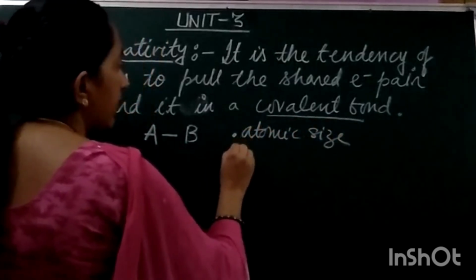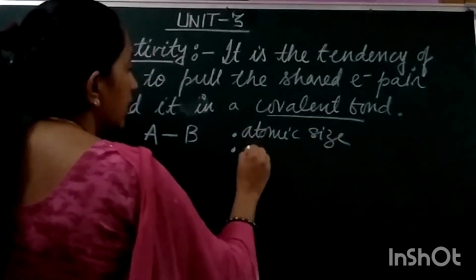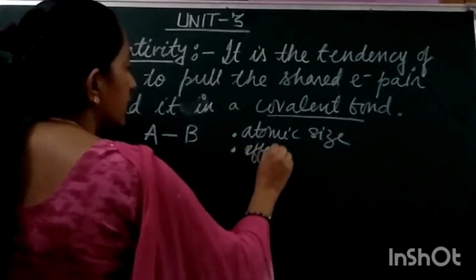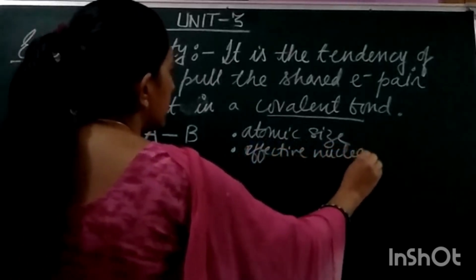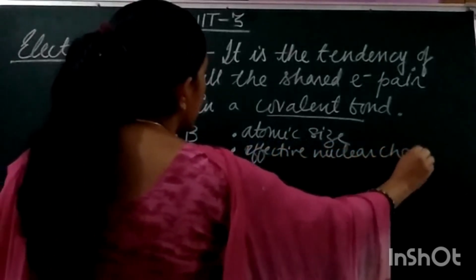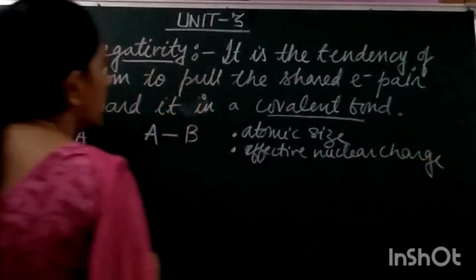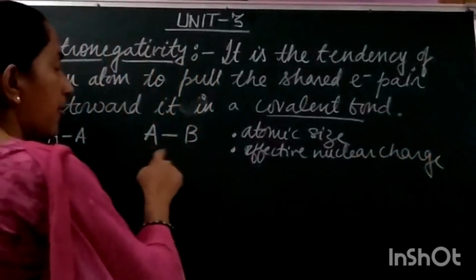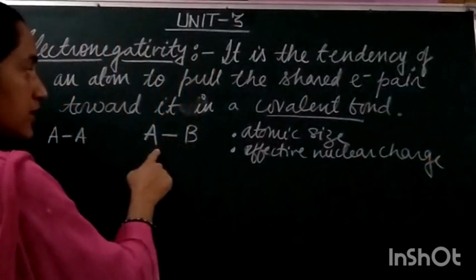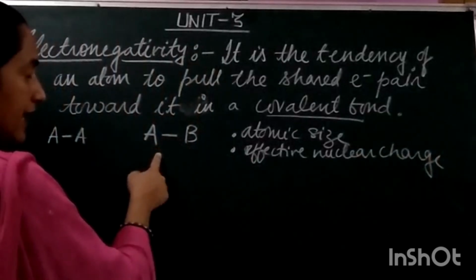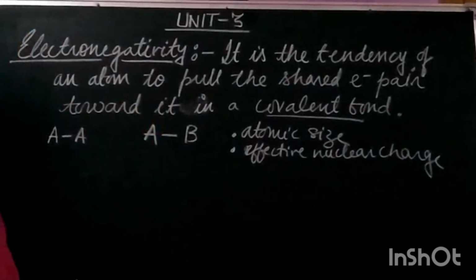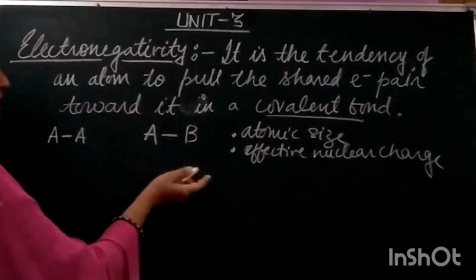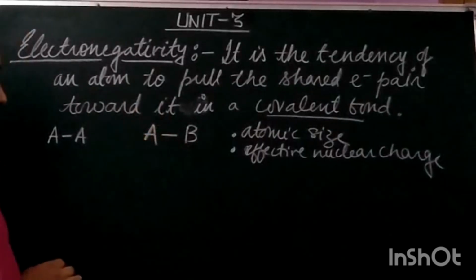and it will depend upon the effective nuclear charge, right? The atom which is smaller and whose nuclear charge is higher, the shared electron pair will be bent toward that element, right?